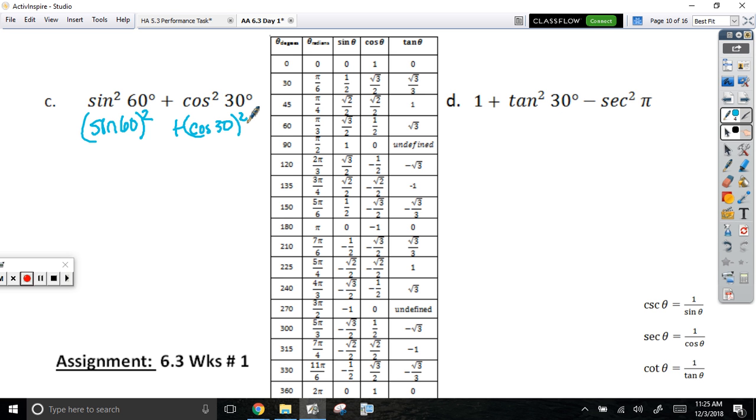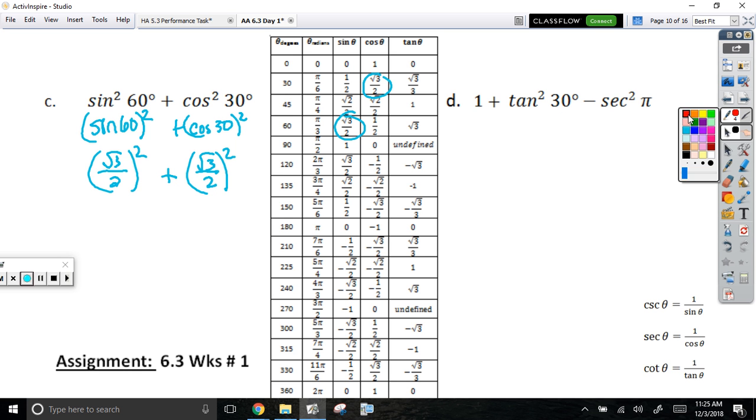So go find the sine of 60. Go find the cosine of 30. Now make sure you square the top of the fraction, and a lot of you forget about the bottom. So the square root of 3 squared is just 3, because those undo one another. 2 squared is 4. Make sure you do the denominator.